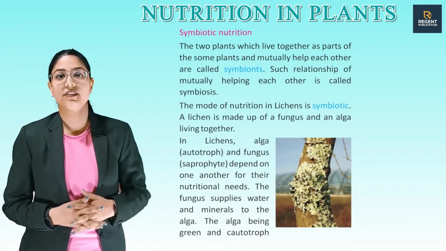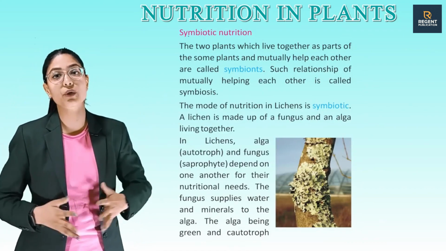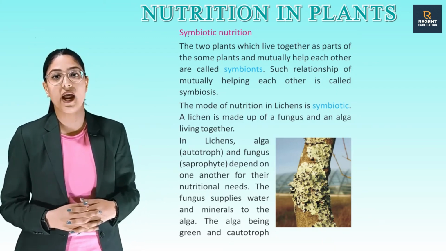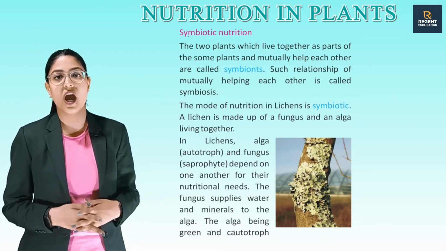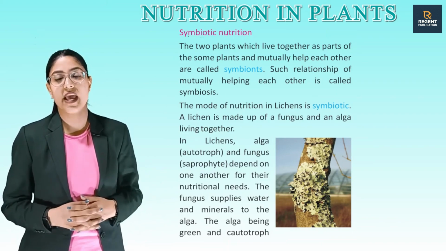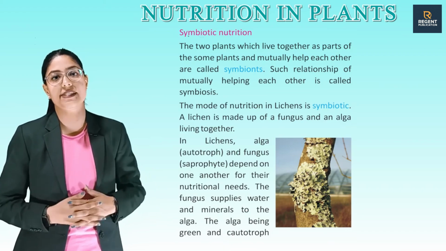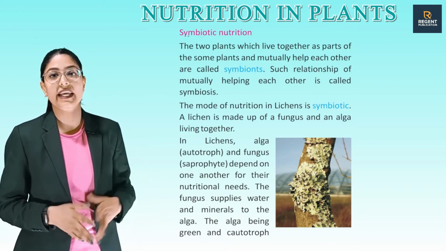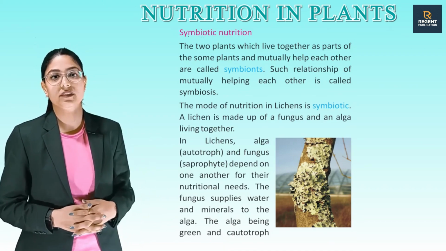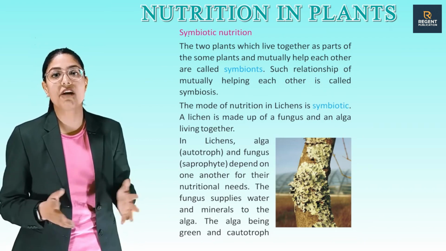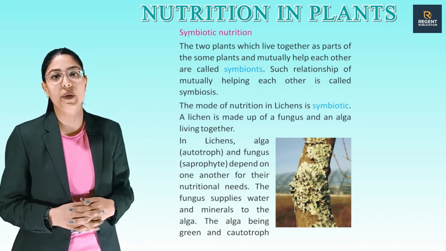Symbiotic nutrition. The two organisms which live together and mutually help each other are called symbionts. Such a relationship of mutually helping each other is called symbiosis. The mode of nutrition in lichens is symbiotic. The lichen is made up of a fungus and an alga living together.